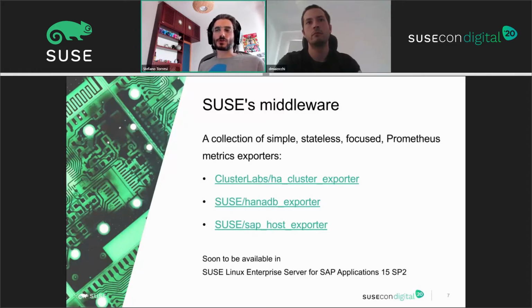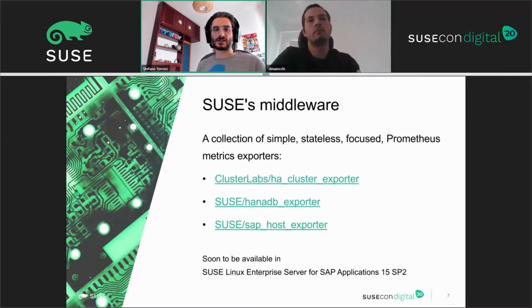But we decided to focus on our problem domain, which is the HA stack and the SAP applications. So we have one exporter under the ClusterLabs organization, which is the organization hosting the Pacemaker project, which is the core of our HA stack. And we have an exporter dedicated to Pacemaker, Corosync, SBD, and DRBD, basically.